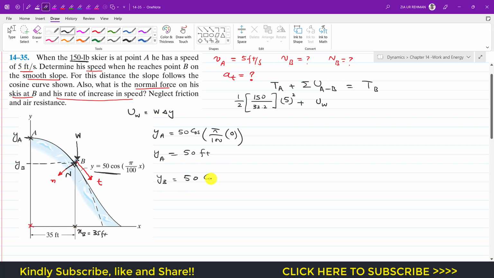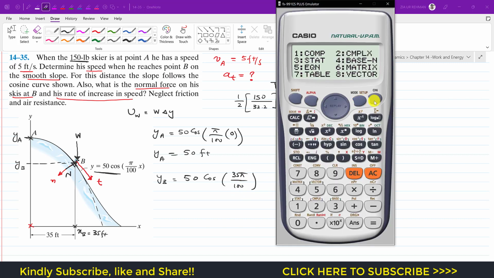So this is 50 cos of pi divided by 100 into 35, or we can say this is 35 pi. Let me write this as 35 pi divided by 100. And remember that this angle is in radians. While calculating this value, we need to convert the calculator into radians.